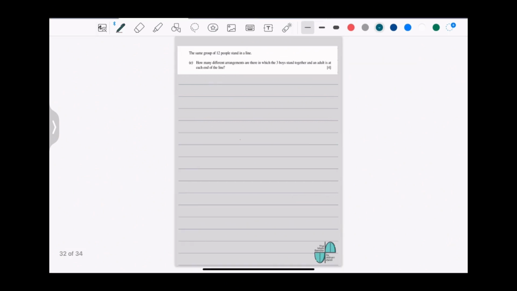Let's look at another one. The same group of students stand in a line, so 12 students in which we have 3 boys, 4 girls, and 5 adults.